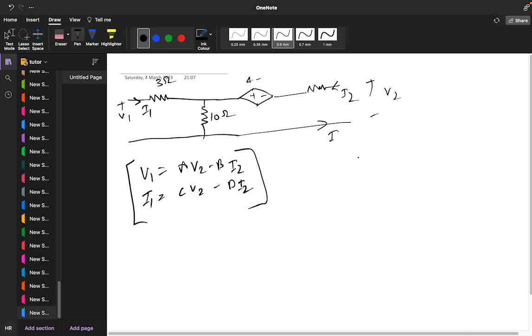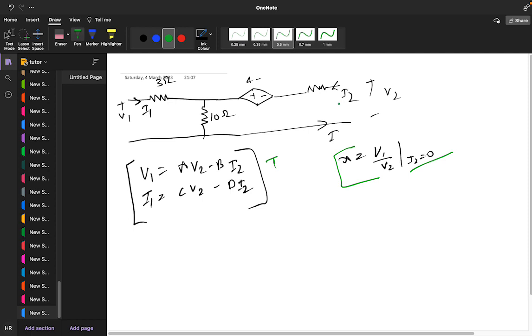Okay. So the value of A can be V1 by V2 while making I2 equal to 0. This is very simple. This is the transmission line parameter. By seeing these equations, we are getting the value of A is V1 by V2 when I2 is equal to 0.